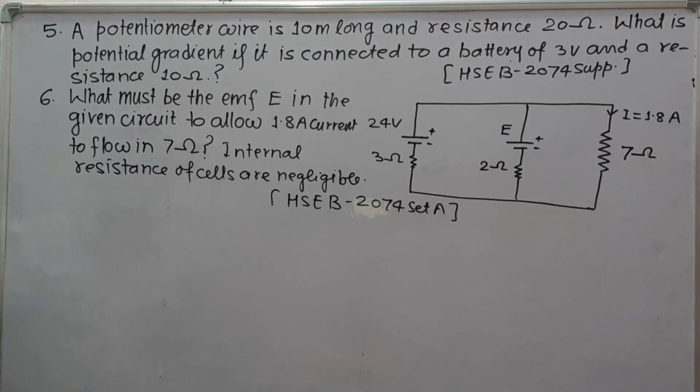Next, question number 6. What must be the EMF E in the given circuit to allow 1.8 ampere current to flow in 7 ohm resistance? Internal resistance of cells are negligible. This is the given circuit.